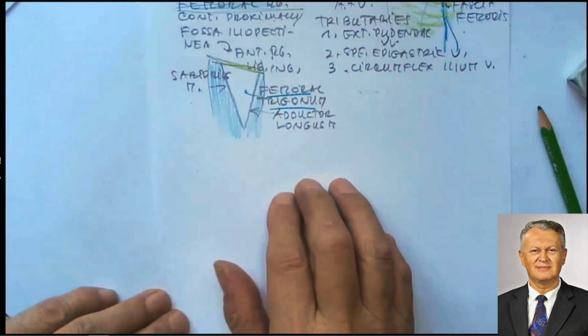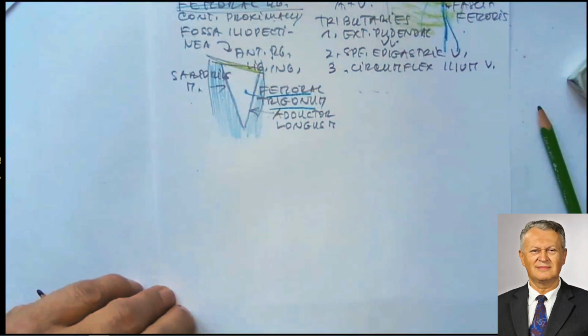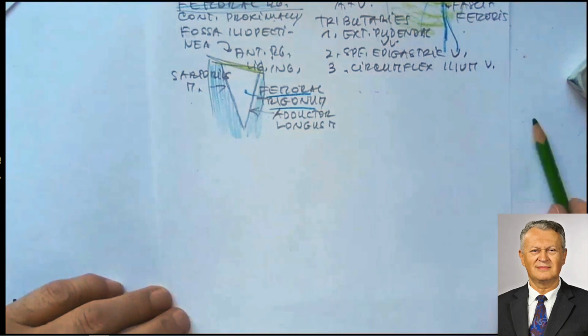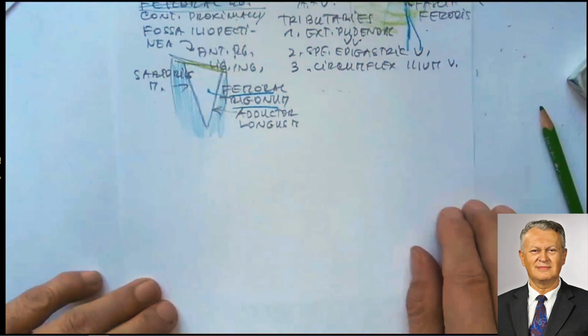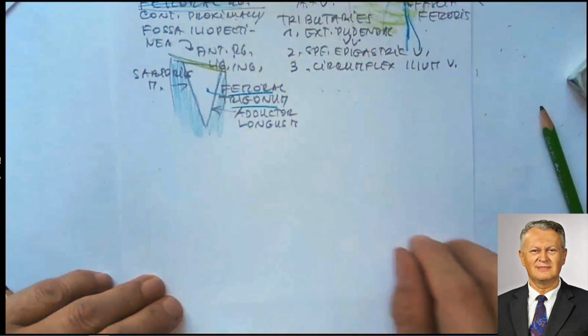Now as a note, following the passage of the femoral artery and vein, they descend into the adductor canal.